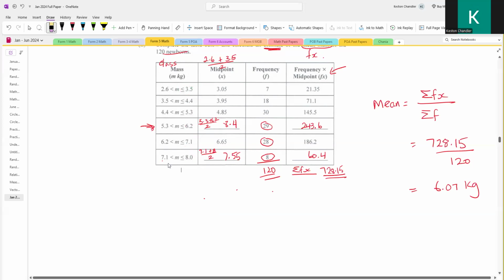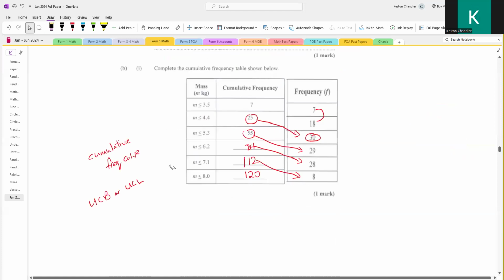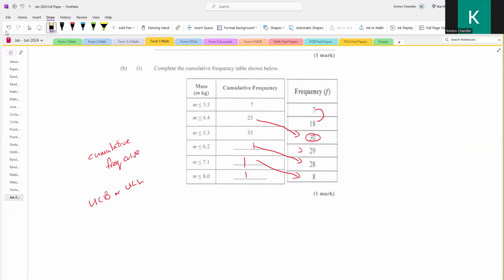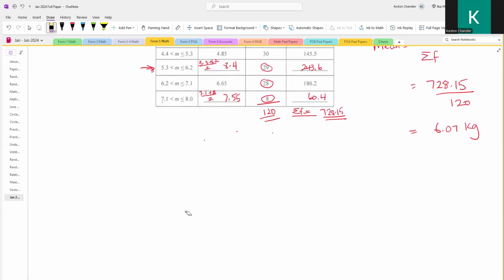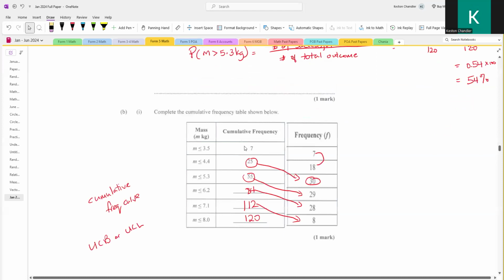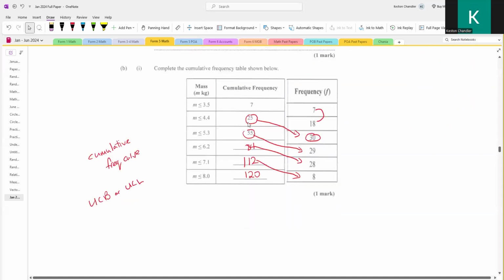They take those upper boundaries, upper limits, and they are plotting that against the cumulative frequency. So let's look at the graph.